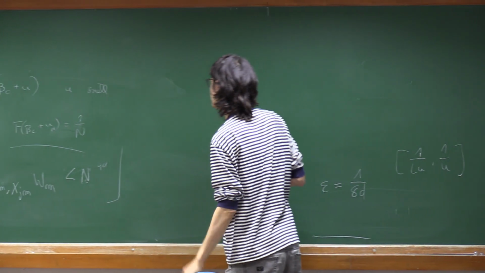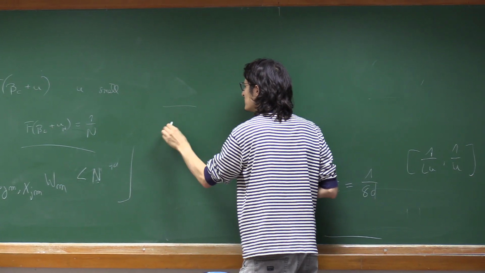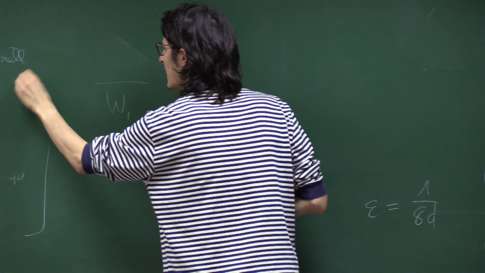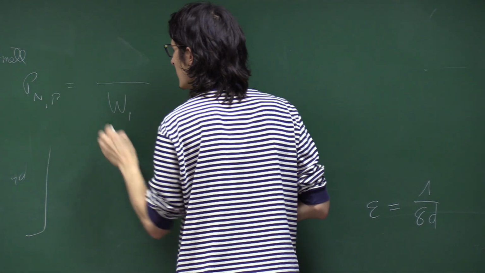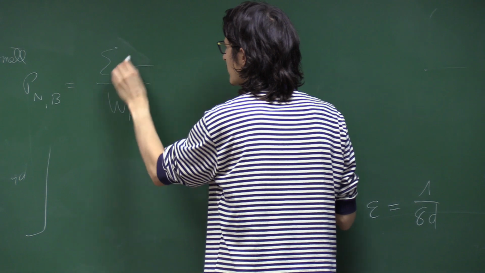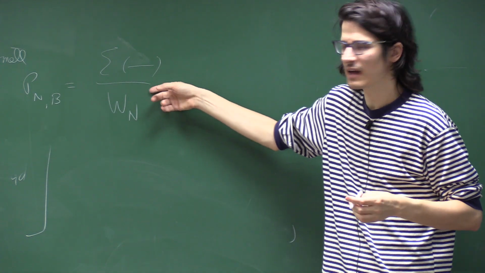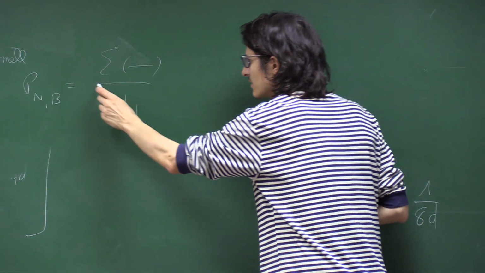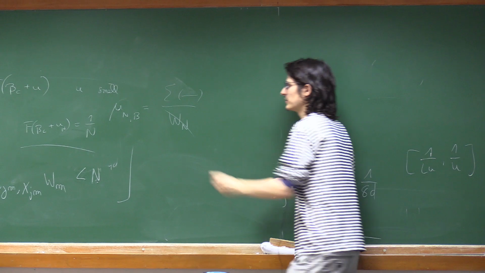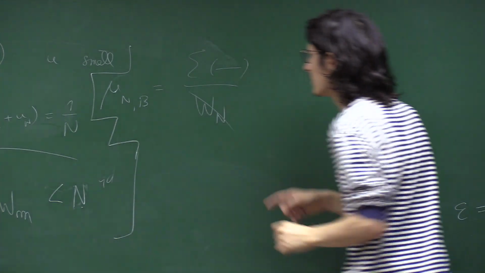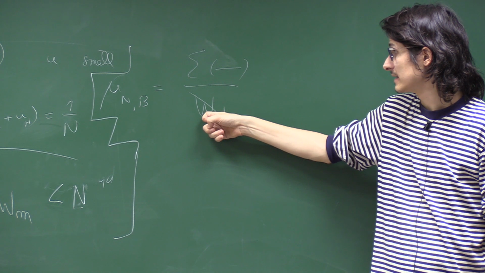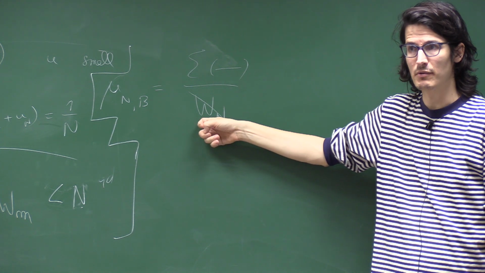Okay, you have the polymer measure, P_n^beta. It's 1 over W_n times the sum. Okay, but you can define a non-probability measure, mu_n^beta, by just ignoring W_n.